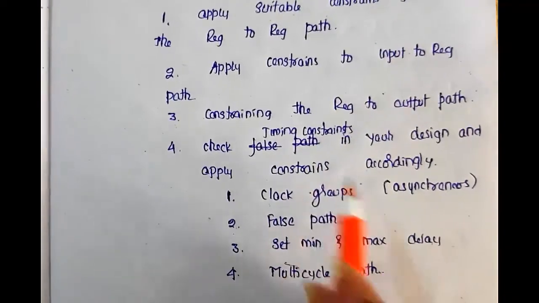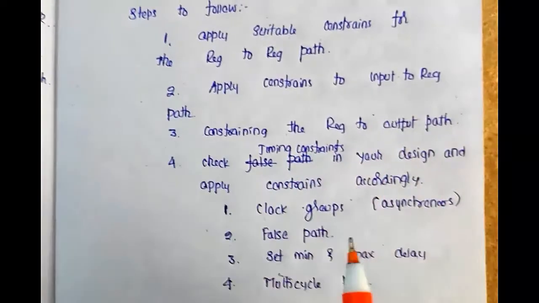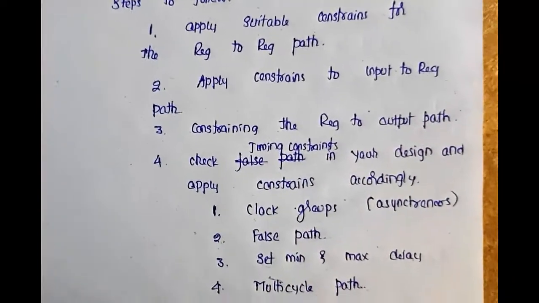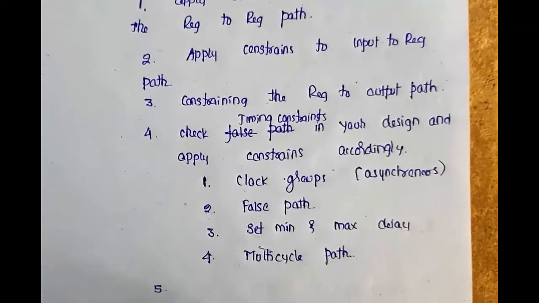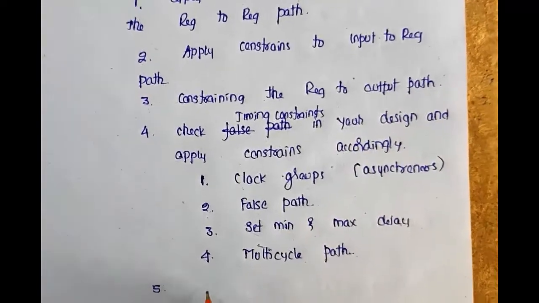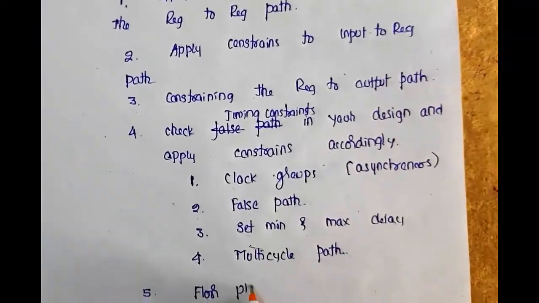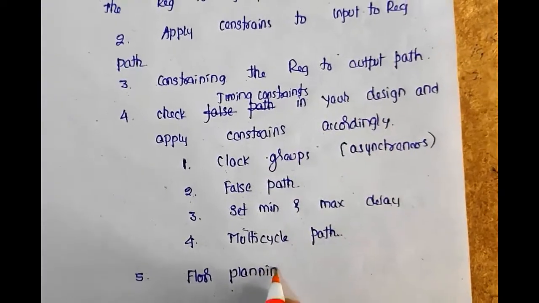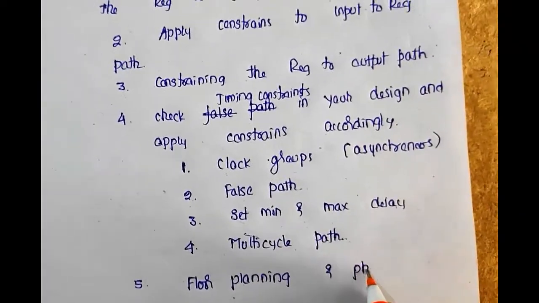Once you check all those four steps under constraints in your design, and still your design is not met, go for implementation techniques such as floor planning and physical optimization.